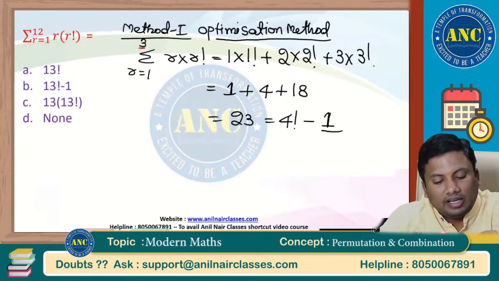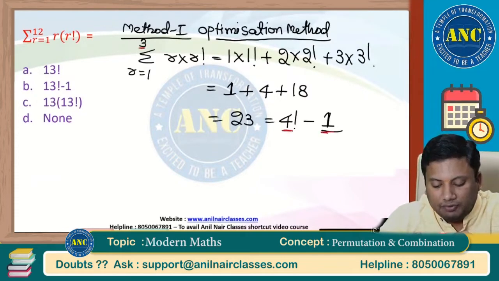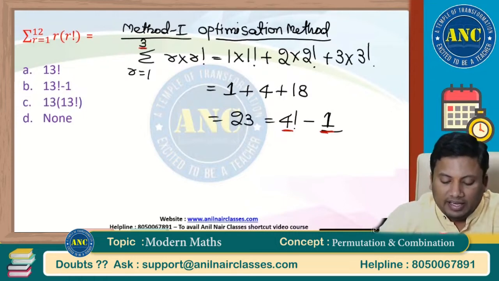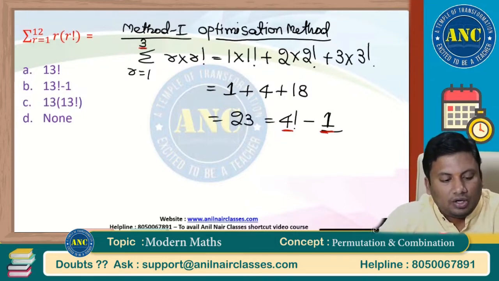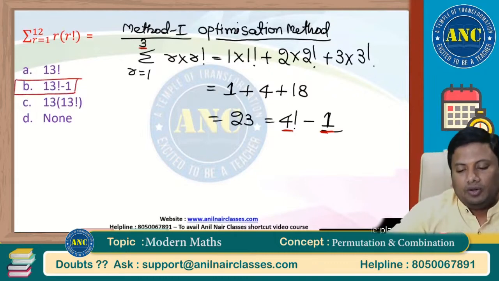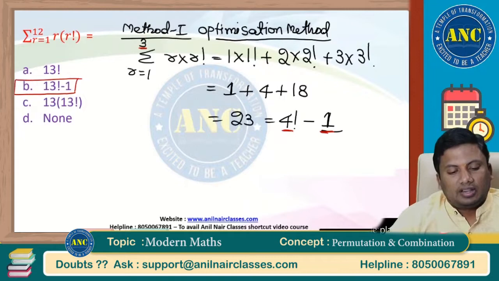If I took till 3, I got 4 factorial minus 1. If I took till 5, I will get 6 factorial minus 1. If I take 12, the answer is nothing but 13 factorial minus 1.